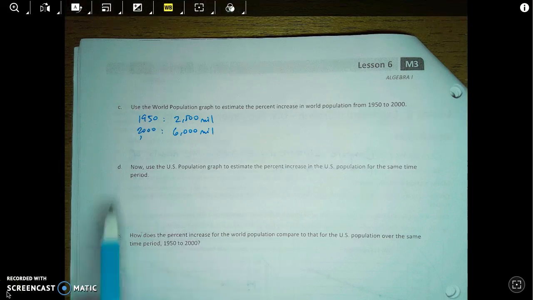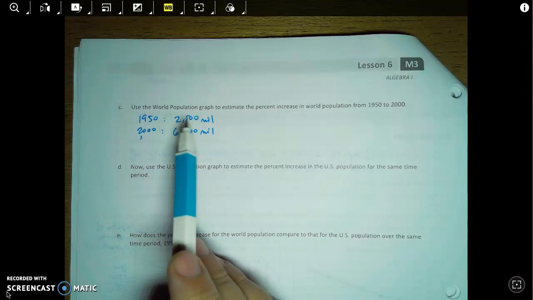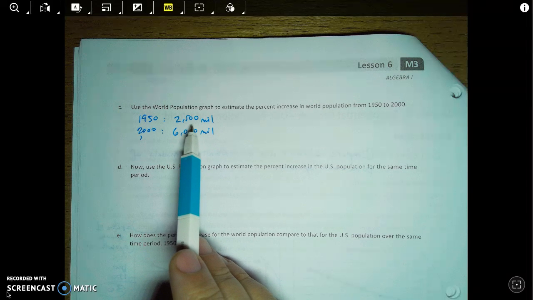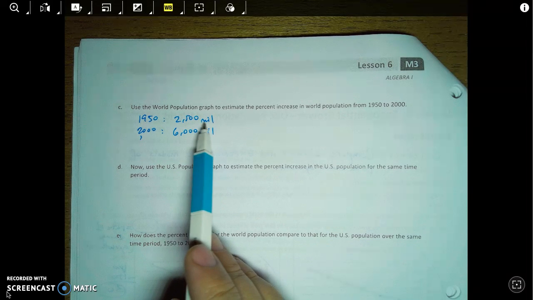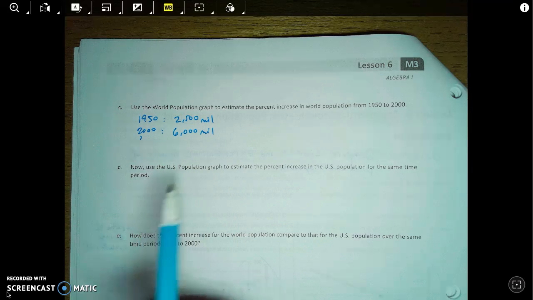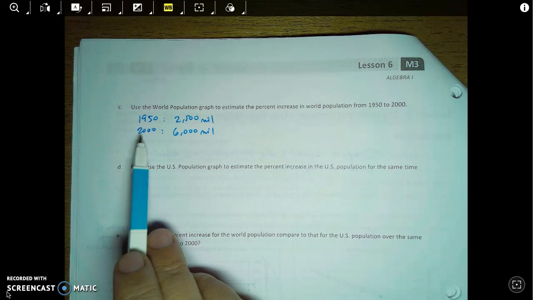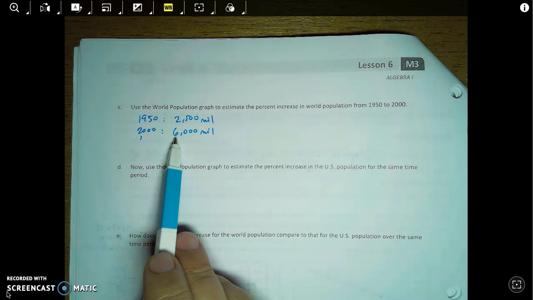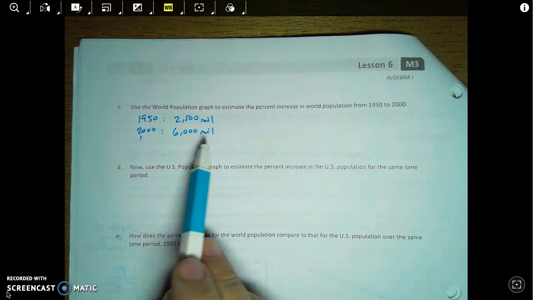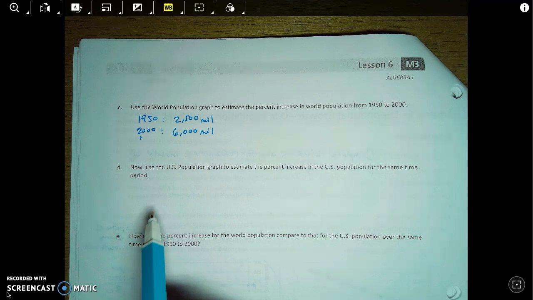So basically what we had was in 1950 the population was 2,500 million, which is 2.5 billion, right? And in the year 2000 it was 6,000 million, which is 6 billion people.